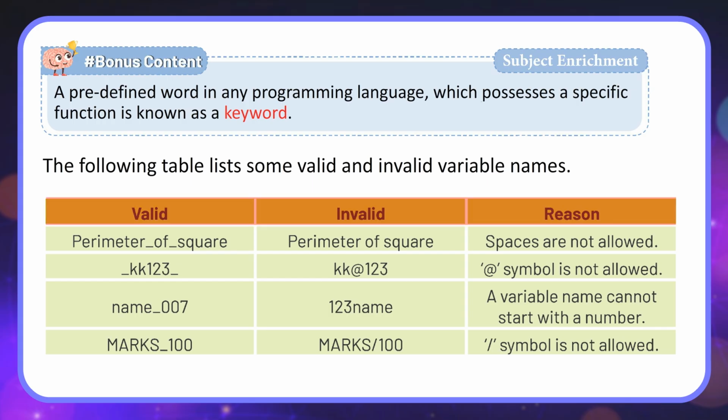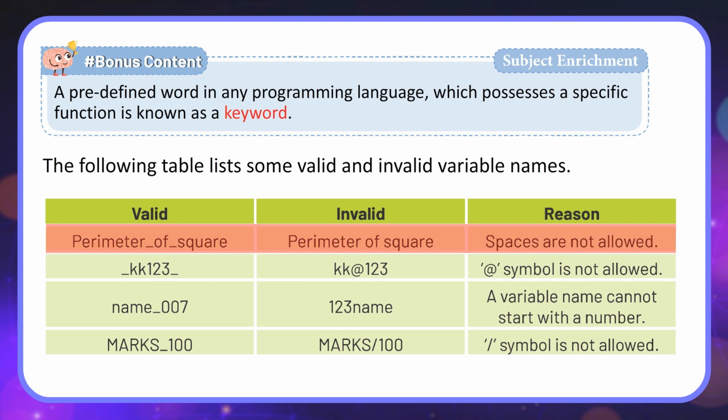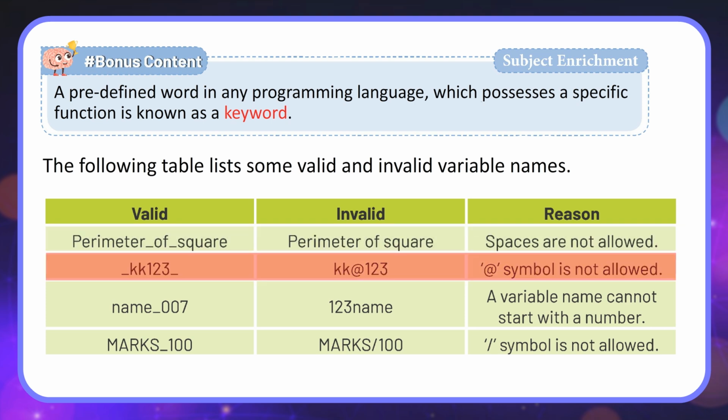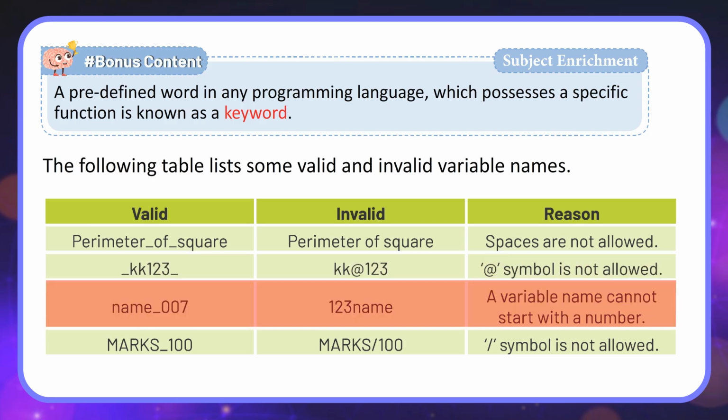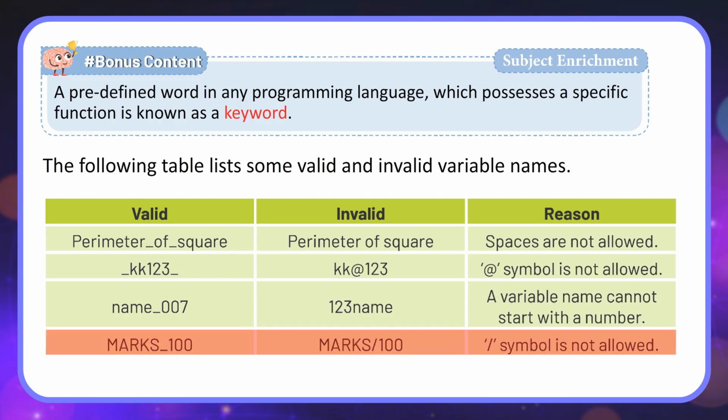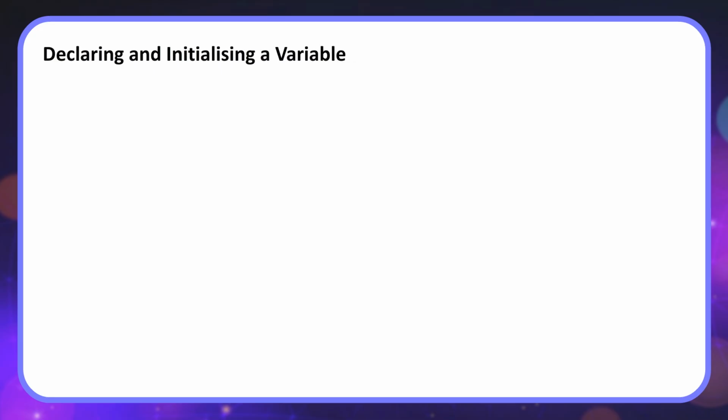Valid, invalid, reason. perimeter_of_square, perimeter of square: spaces are not allowed. _KK123, $KK123: symbol is not allowed. name_007, 123name: a variable name cannot start with a number. marks_100, marks/100: slash symbol is not allowed.